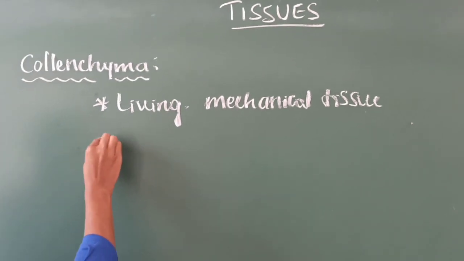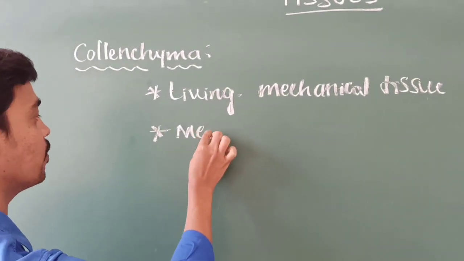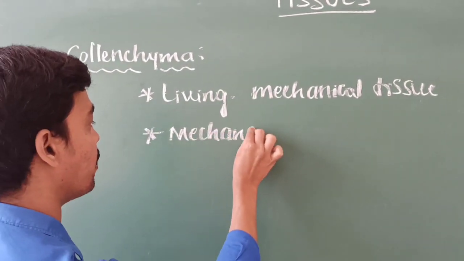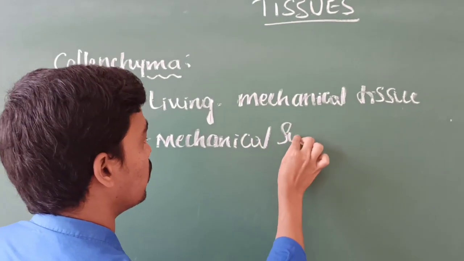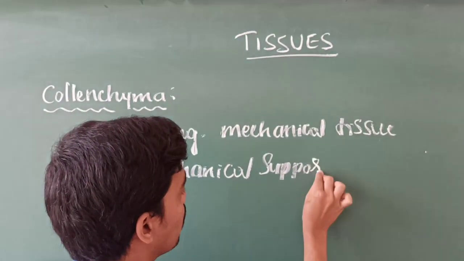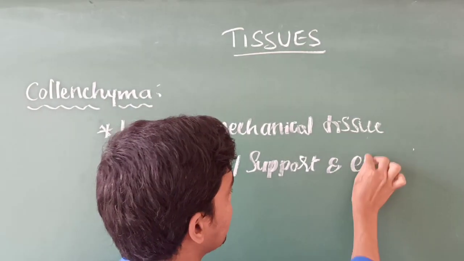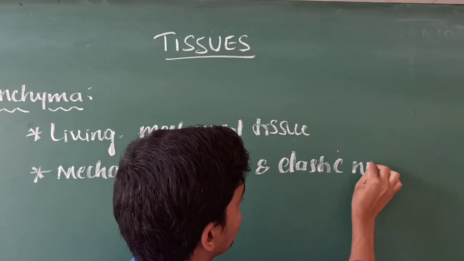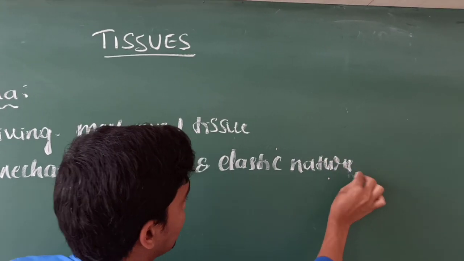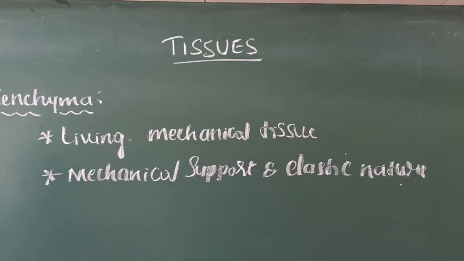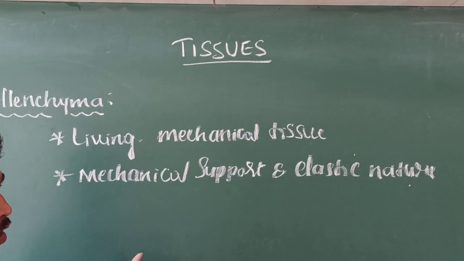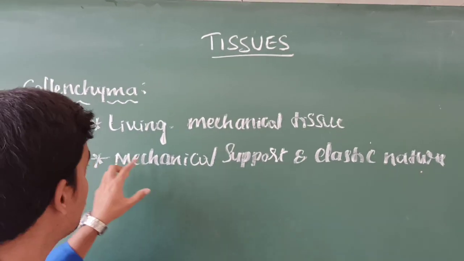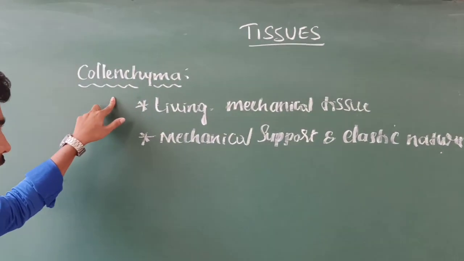Because it provides mechanical support and elastic nature to the plant body. That is, the bending of the leaves and stem is by the presence of collenchyma.